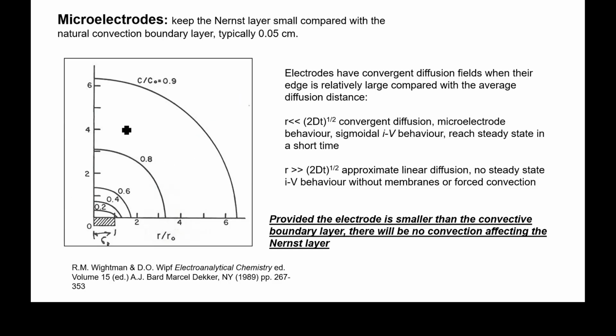Microelectrodes work because we can hide our concentration boundary layer within any natural convection boundary layer, and a reasonable value for the natural convection boundary layer in a typical laboratory experiment with no controlled convection. So this is what arises from temperature gradients and diffusion gradients in a normal sized beaker in a normal laboratory, is around about 0.05 centimeters. So as long as our characteristic length from diffusion is small compared with that, then we're going to be able to get reasonable responses from our sensor.